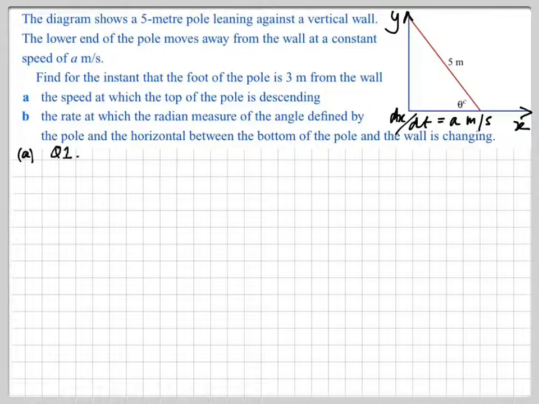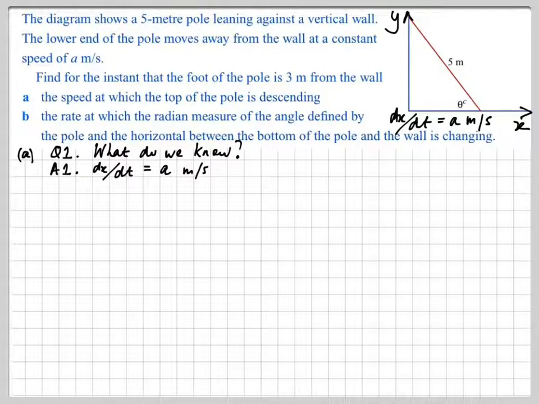This is my standard technique for related rates questions. Question 1: what do we know? We know dx/dt is a metres per second. That is what goes on the left-hand side of our related rates chain rule expression. Question 2: what are we asked for?